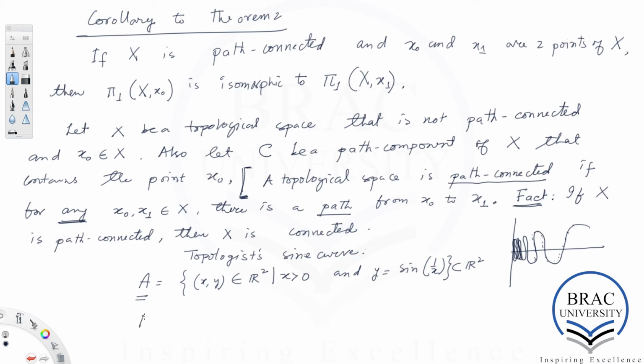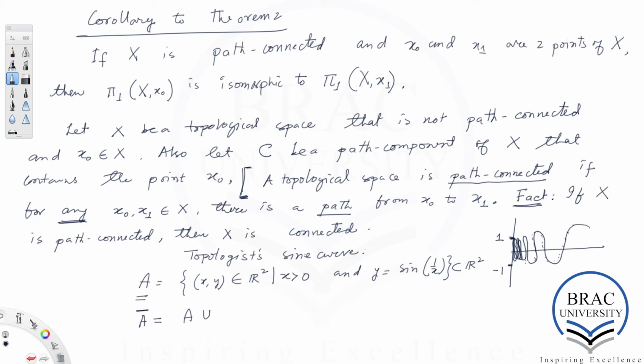Okay, and the closure of this set is this set A union this line segment from -1 to +1. Okay, this is -1, this is +1. So as you go closer and closer to 0, this function oscillates rapidly between -1 and +1 without touching it. So it never touches it. As you get closer and closer to 0, it starts fluctuating rapidly.